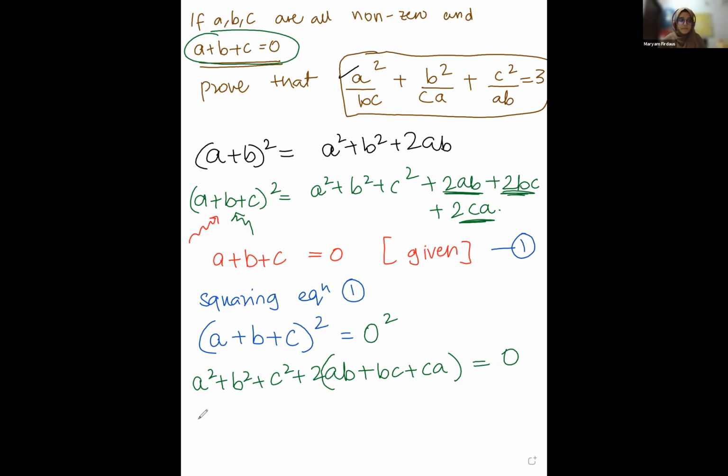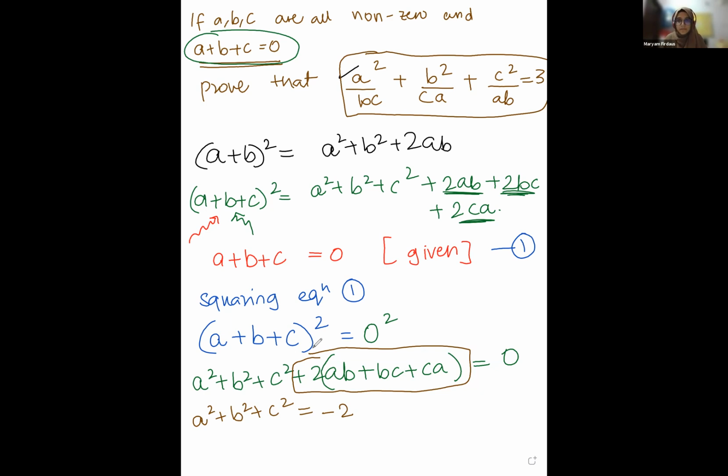Ma'am, a square plus b square plus c square is equal to 1 upon 2. No, minus 2. Why? Because over here this term is plus 2 bracket, right? So when it goes to the other side, it becomes minus 2 bracket, because it's plus, so it becomes minus.